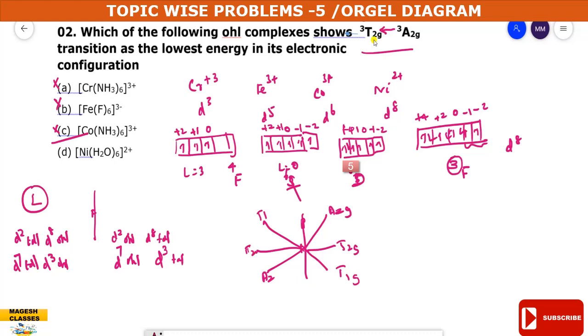So T1, T2 always come together, and the T1g crosses over, the T1g of the P term. So on the left hand side, what is the lower energy term? A2 is the lower energy term, so it is 3A2, because the spin multiplicity is 3. The question: which of the following octahedral complexes shows 3A2g to 3T2g?